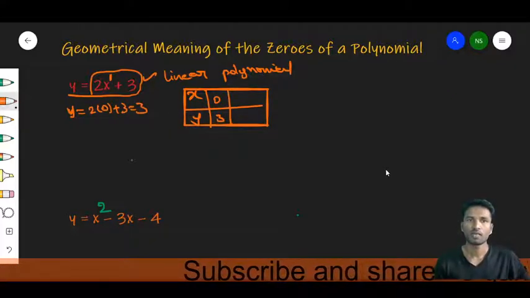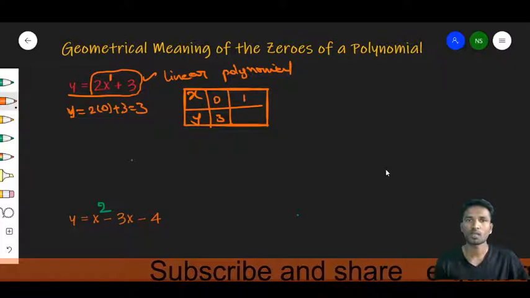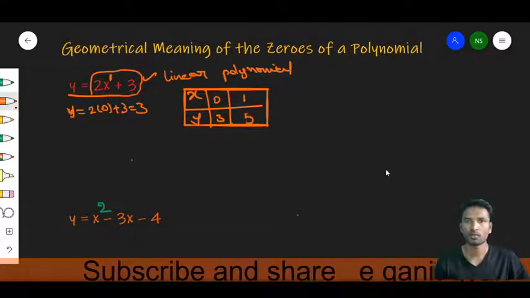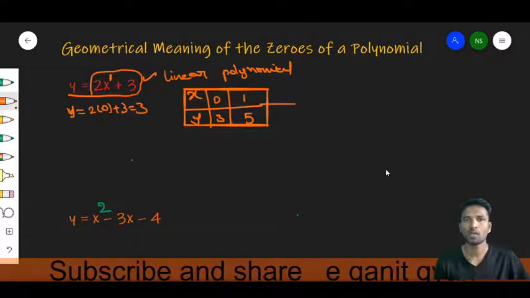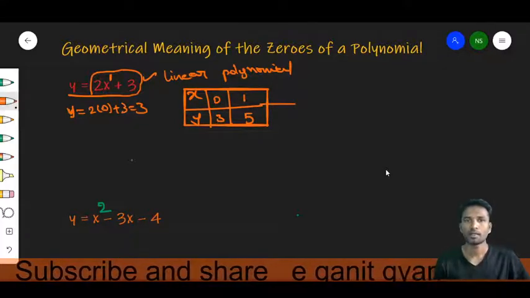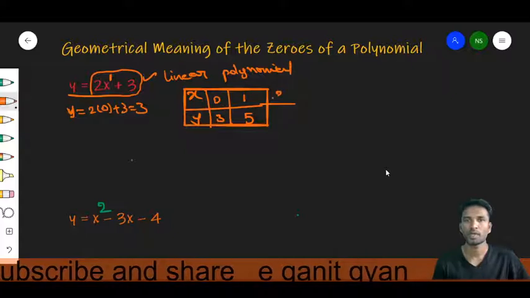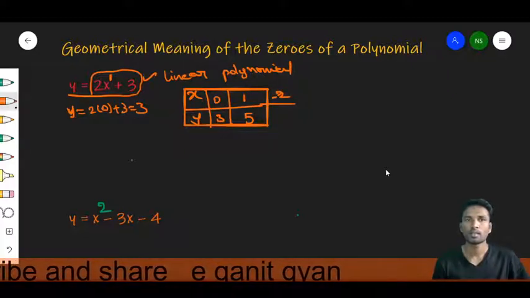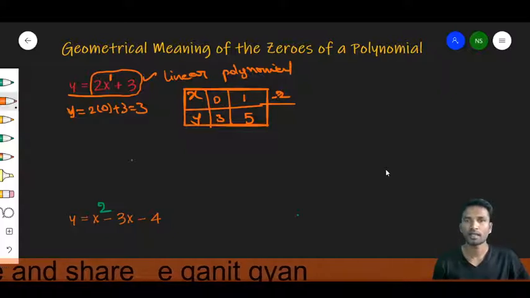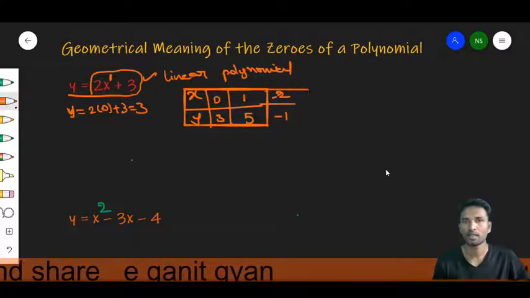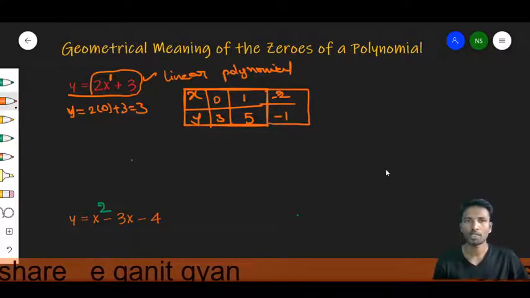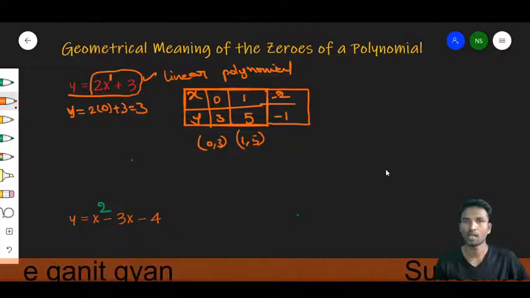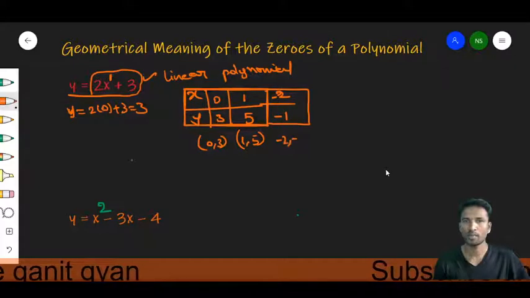Then if x is 1, I get y value 2 plus 3, 5. If x is minus 2, I get minus 4 plus 3, minus 1. Like that I can find the points: 0 comma 3 is a point, 1 comma 5 is a point, another point is minus 2 comma minus 1.